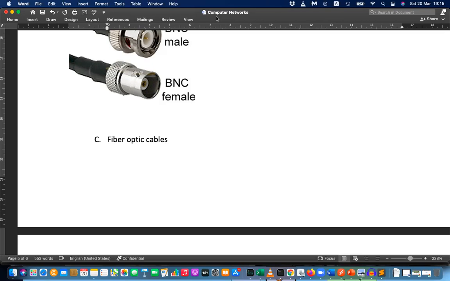So in the above two, current or electricity or electron transmission happens, but in this one, not electrons. This is transmitting light. So please write: transmitting light instead of electrons.